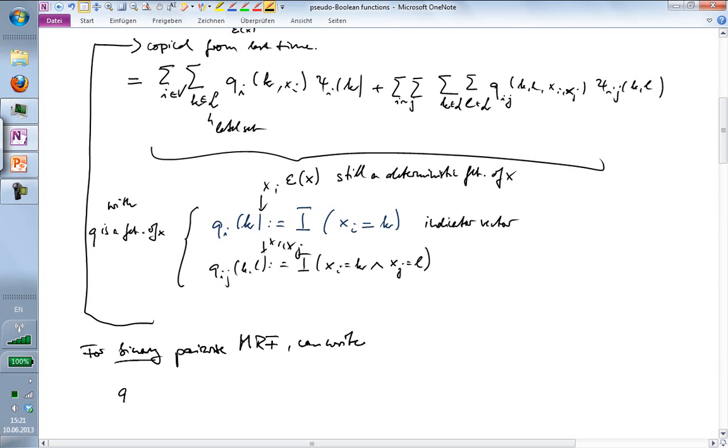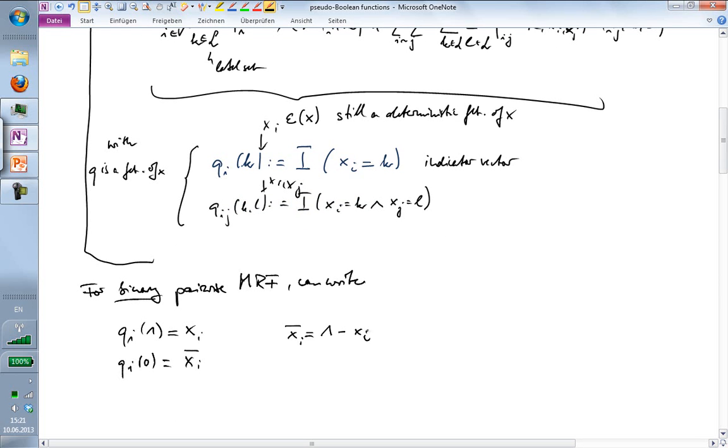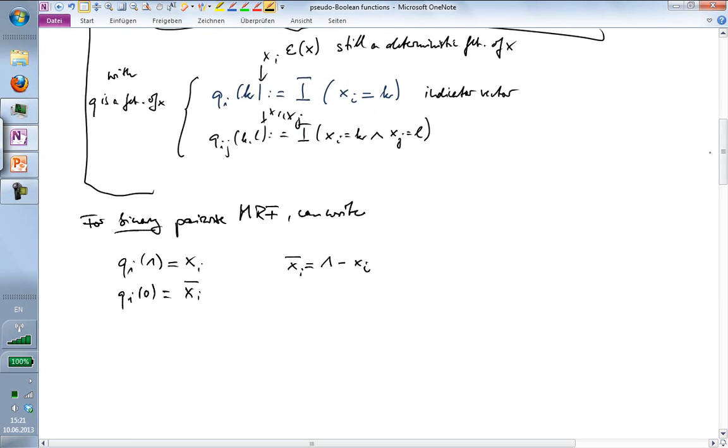I can write that my indicator variable qi of 1 becomes xi, and my indicator variable qi of 0 becomes not xi, and then similarly for the pairwise terms, I can say that qij of 0, 0 becomes not xi times not xj, and so on.